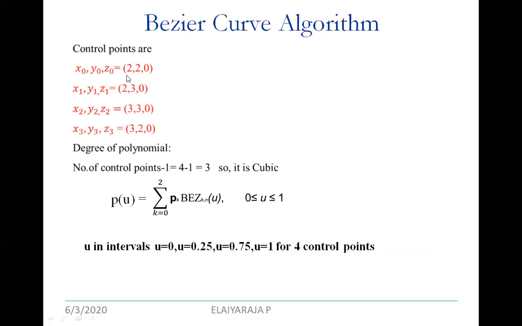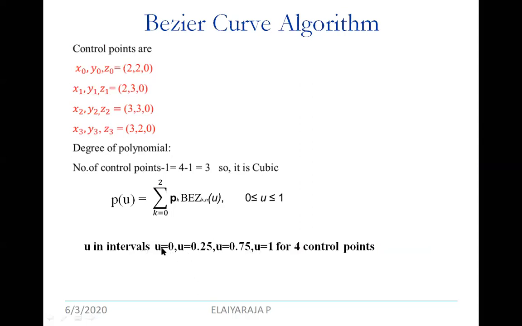Here we have 4 control points, so the degree of polynomial is 4 minus 1 equal to 3. Then it is going to be cubic. So 3 is the degree of polynomial with respect to your 4 control points, then you have to take the u intervals, starting and ending.